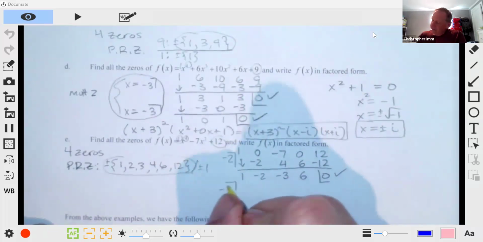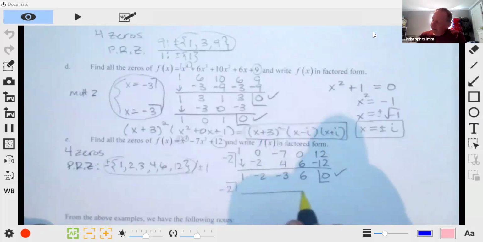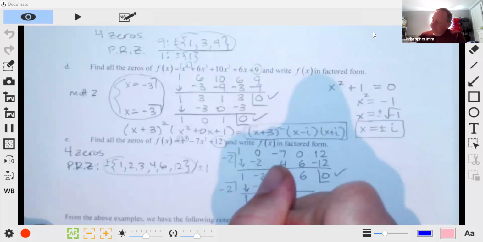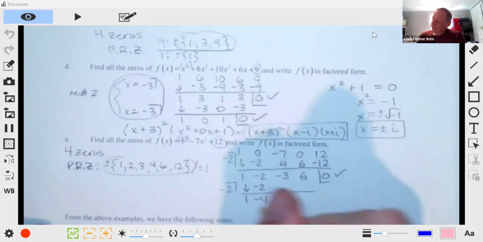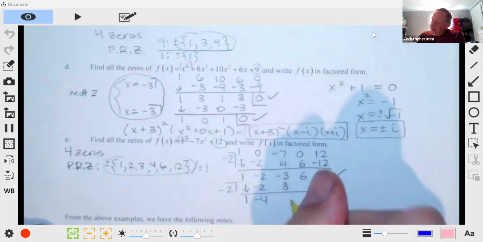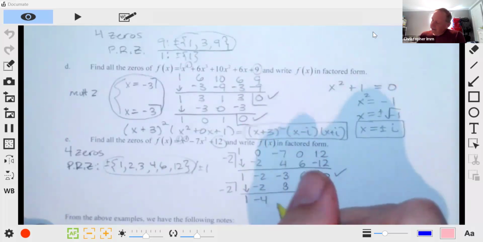And we did see that it was sort of repeated. So let's try that second one. Multiply, add, multiply, add. It doesn't look like it's working.